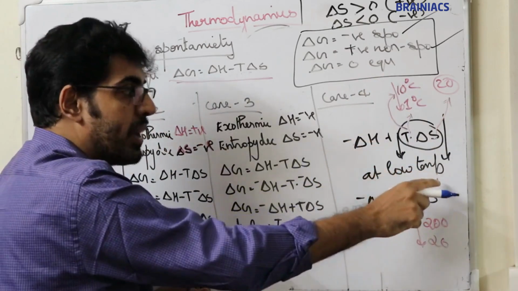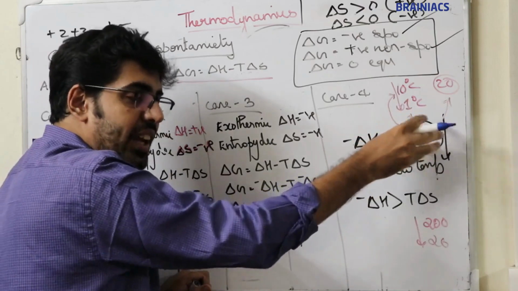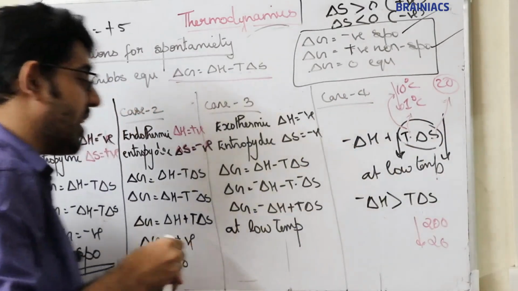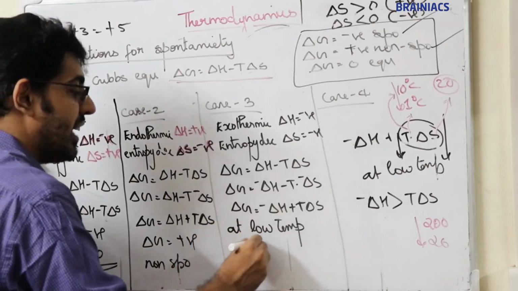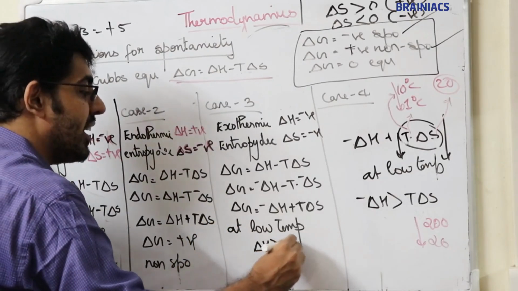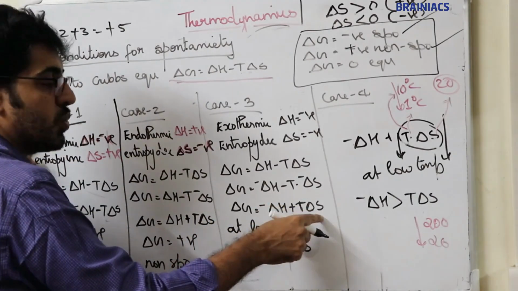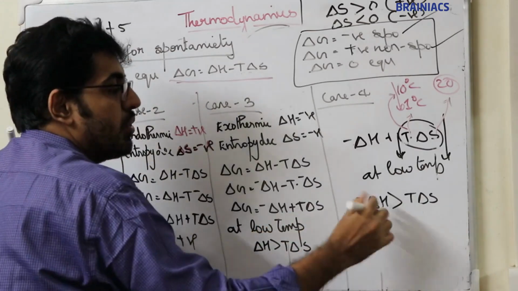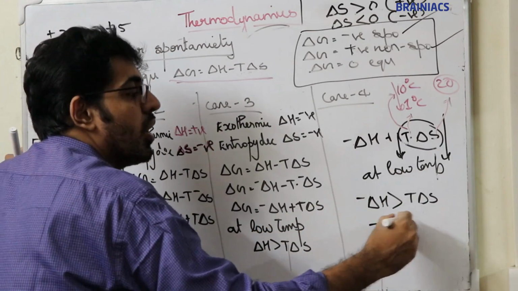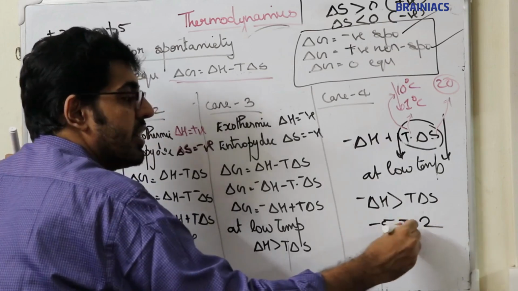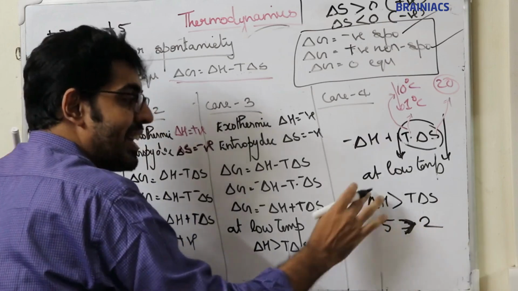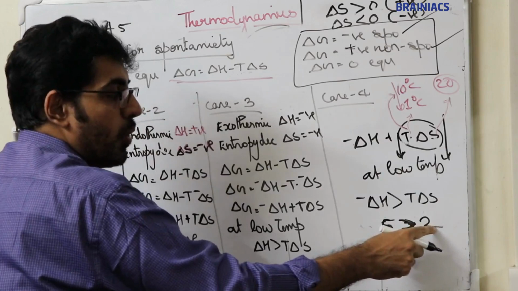Now at low temperature, if T delta S value is less than delta H, at low temperature, delta H value will be greater than T delta S. This will be greater than this value, right? For example, let this be 5 and let this be 2.